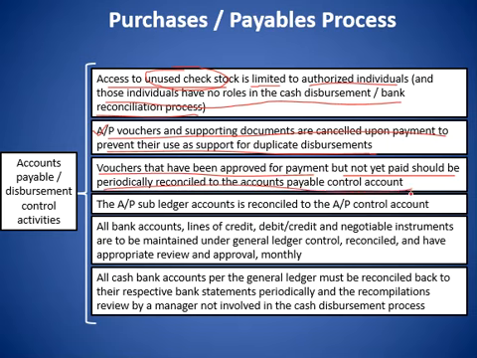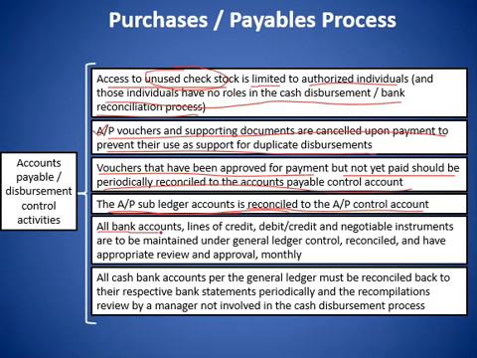The only items that should appear in the accounts payable control account are the vouchers that have been approved but not yet paid. The accounts payable subledger accounts, which represent the individual invoices that the company has approved for payment but not yet paid, are reconciled to that control account.